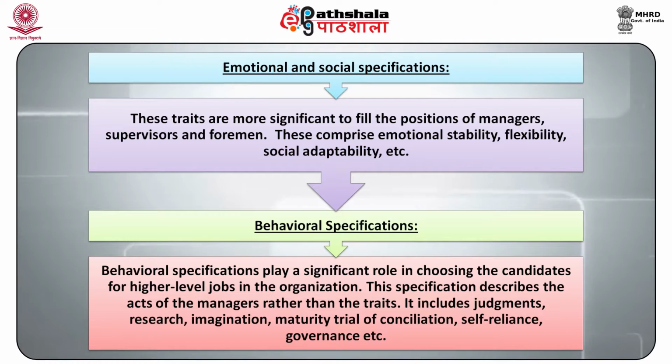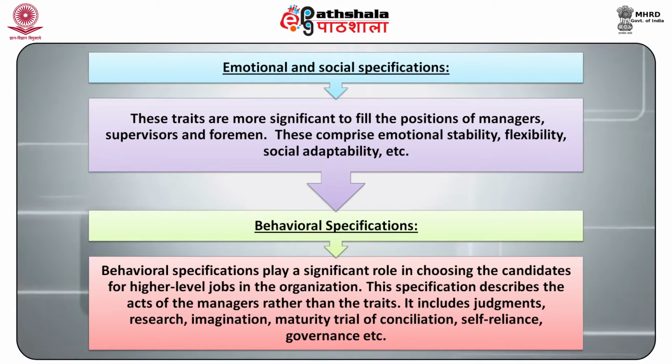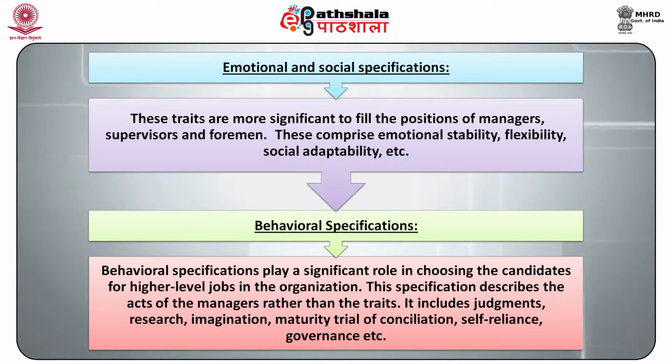Behavioral specification plays a significant role in choosing the candidates for higher level jobs in the organization. This specification describes the acts of managers rather than the traits. It includes judgments, research, imagination, maturity, trial of conciliation, self-reliance, governance, etc.